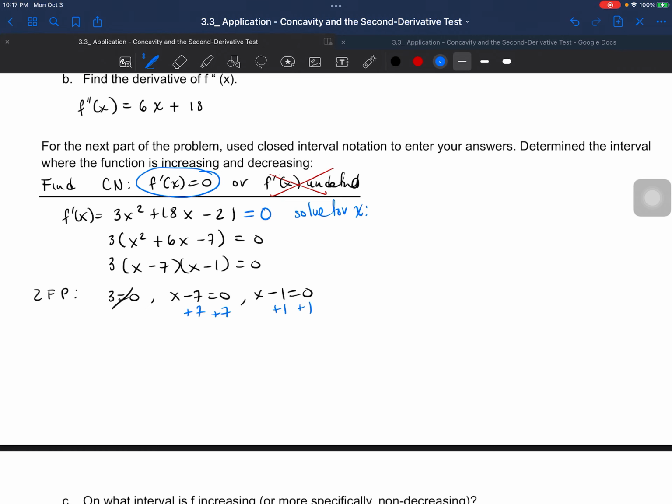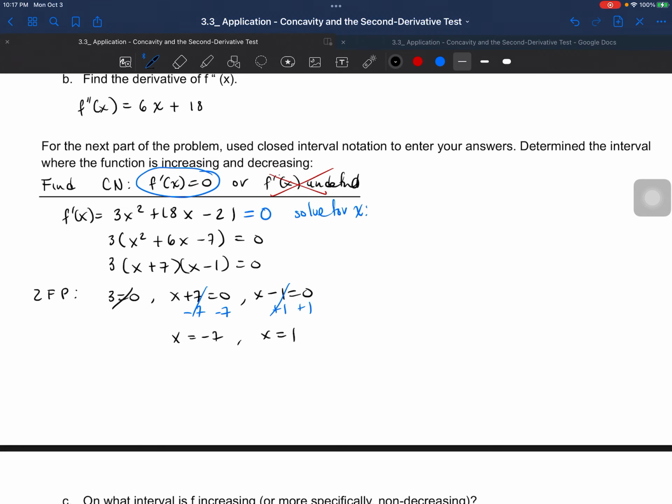And the others can just be solved using simple algebra steps. Did I make a mistake here? That one's supposed to be a plus, and that's supposed to be a minus. Okay, I can do better. So x equals negative 7, comma, x equals 1. There you go.